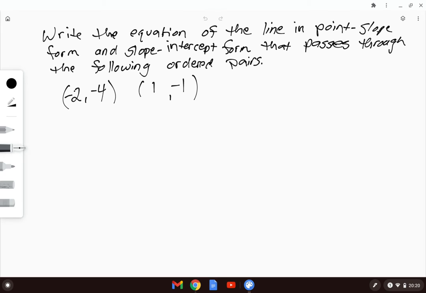All right, and then the last one here, write the equation of the line in point-slope form and slope-intercept form that passes through the following ordered pairs. So again, first thing I need to do is to find the slope.